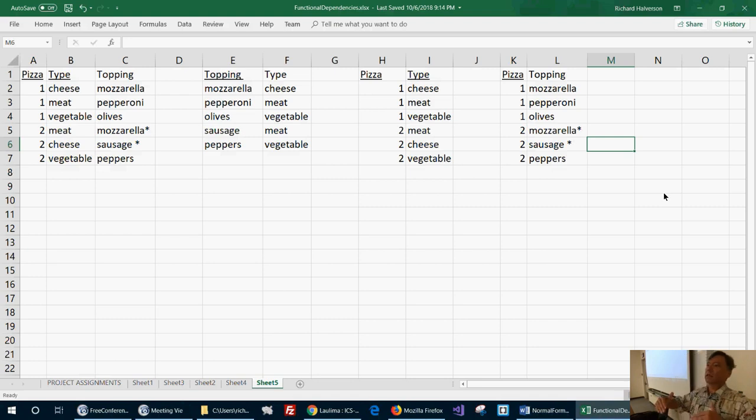When we add in a new pizza with a topping, we need to be able to add it into this table. Oh, this has got to be both.